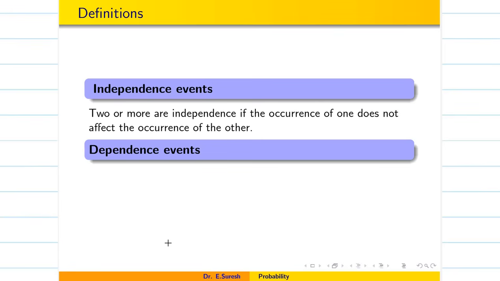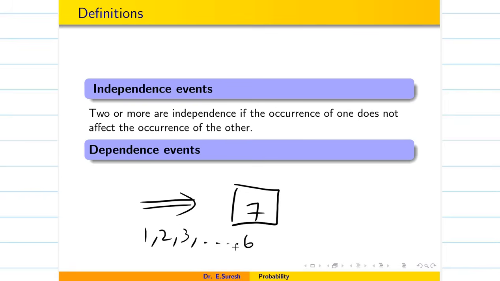Now, if the occurrence of one event is affecting the occurrence of another event, for example, if you play a video game and you are in level 7, that means you have already cleared levels 1, 2, 3 up to 6. If you failed in level 6, you cannot go to level 7. So these events 1, 2, 3, 4, 5, 6 depend on each other.